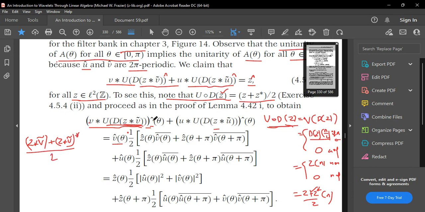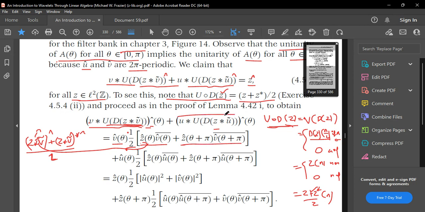So taking cap of this one and cap this one, we know what is the result for z star v tilde cap and star cap. We know that it is equal to this half, 1 by 2 we have taken here, and this z star v tilde cap can be written as z cap of theta v cap of theta conjugate. Then z star v tilde star cap is written as this.